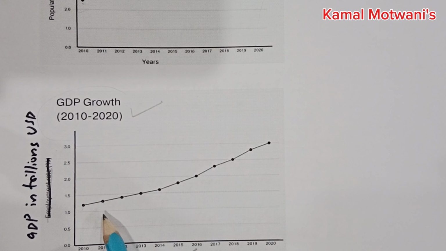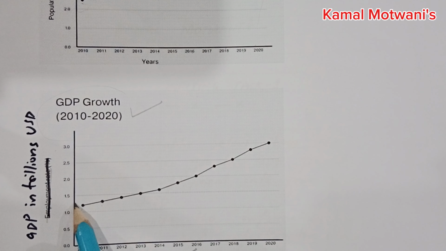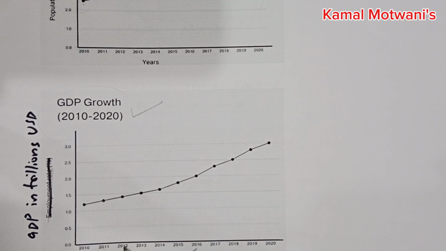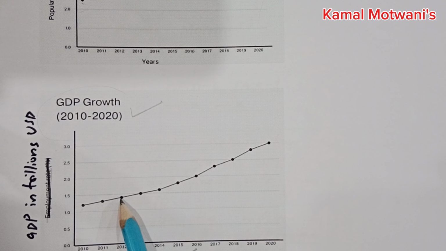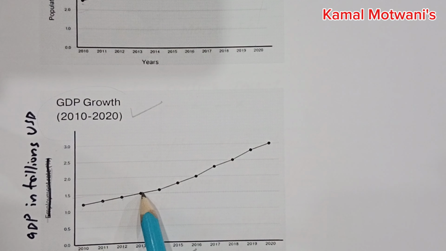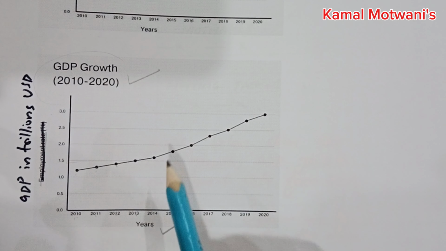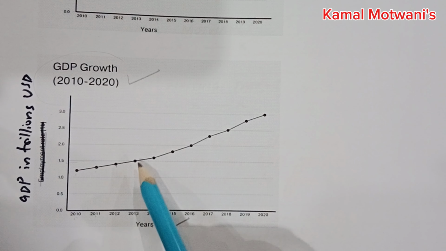In 2011, it was around 1.3. You see? Then in 2012, it was around 1.4, because you see, it is just below 1.5. So it is 1.4. In 2013, it is exactly 1.5. You can see here, exactly 1.5 in 2013.